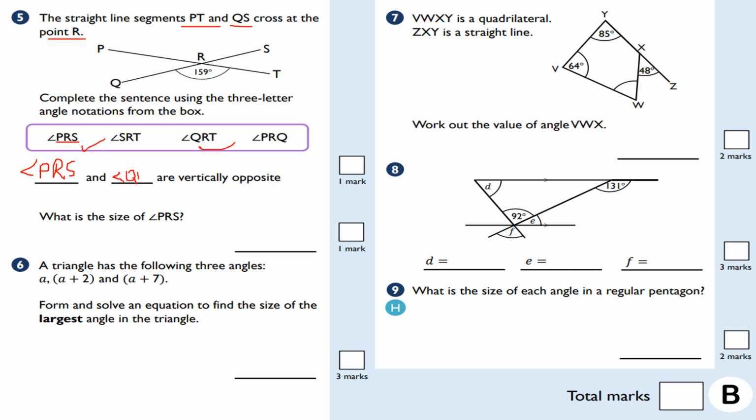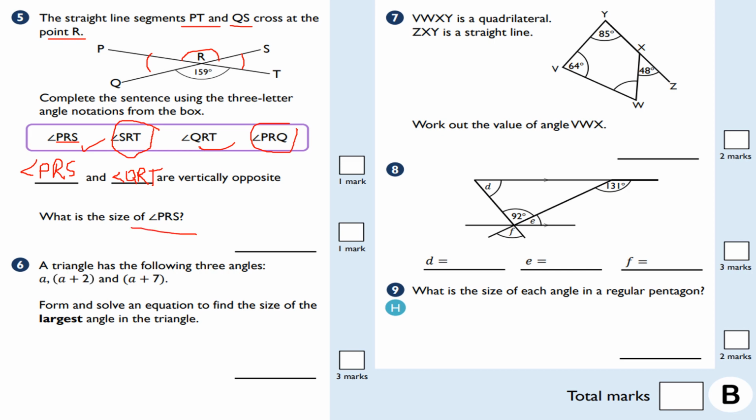These are what are called vertically opposite angles, so these two angles are the same. Conversely, these two angles are also the same, so PRQ, which is this one here, so this one and this one are also the same. Now for the next part, what is the size of angle PRS?